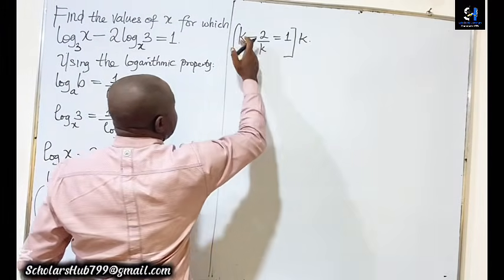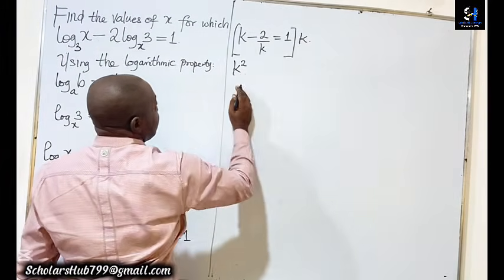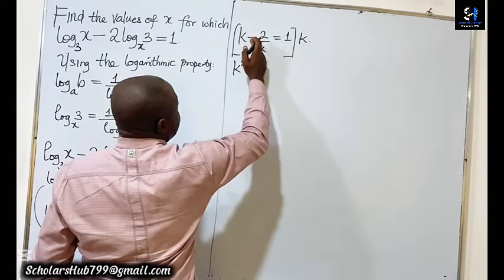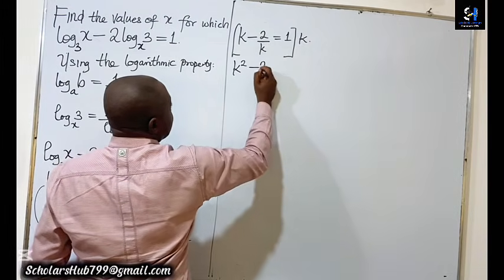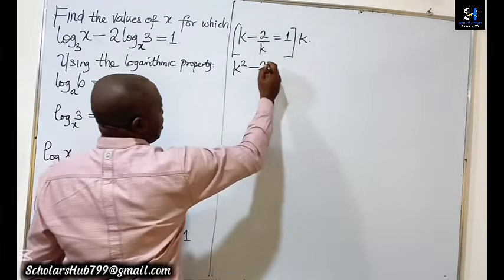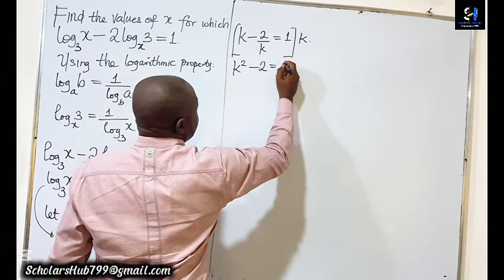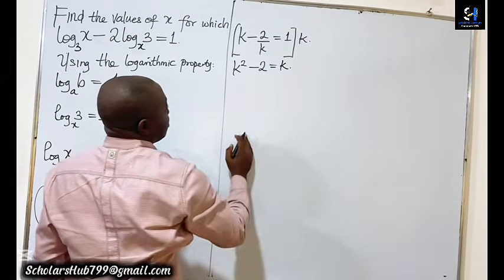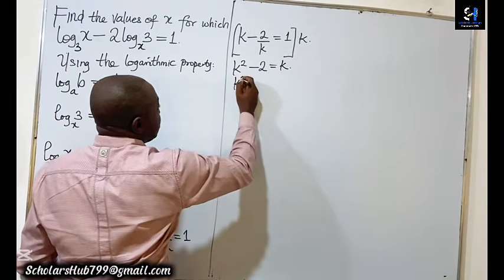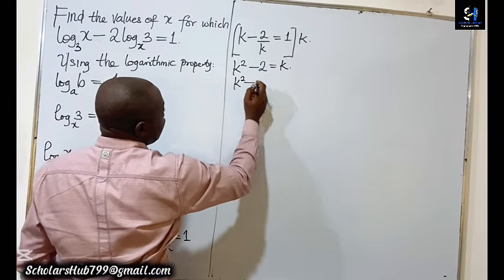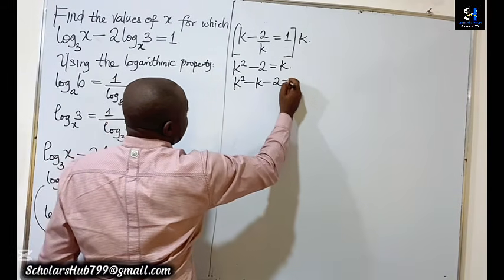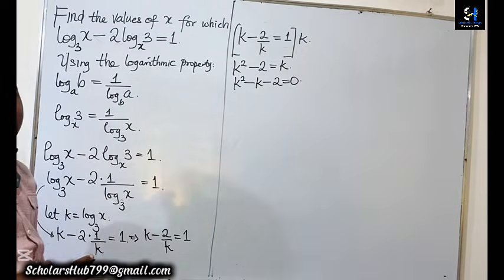So k multiplied by k will be k squared. Then k multiplied by minus 2 over k will be minus 2. And that equals 1 multiplied by k, which is k. Then this equation in standard form will be k squared minus k minus 2 equals 0.